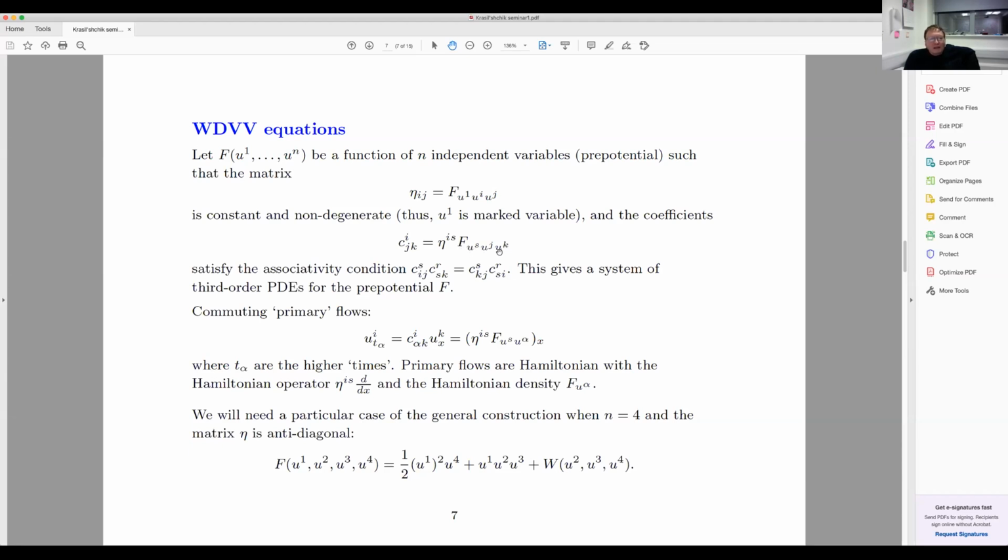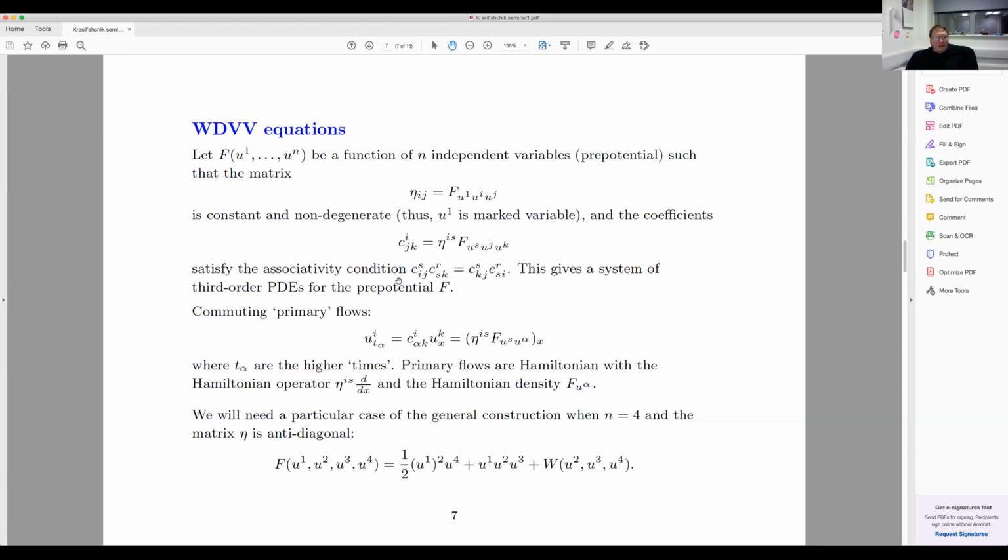And you raise one index, this index s, with eta is. This gives you the coefficient C_ijk. These C_ijk are functions, they all depend on the u's. Eta is a constant matrix, but the C_ijk are functions expressed in terms of third order derivatives of this function.